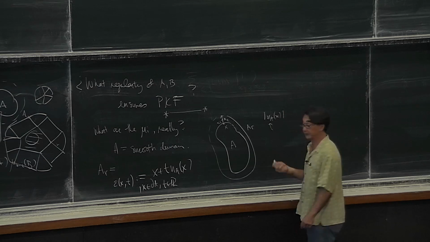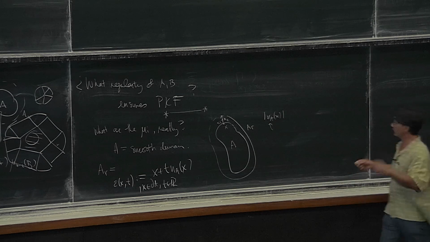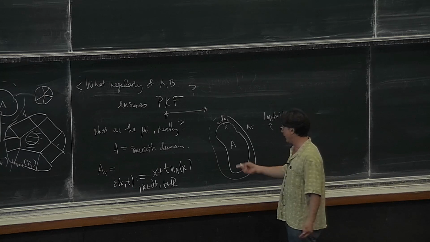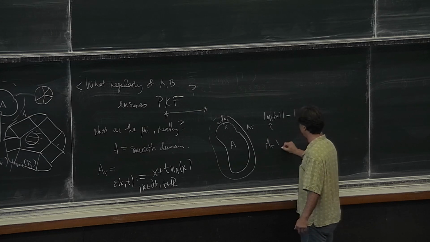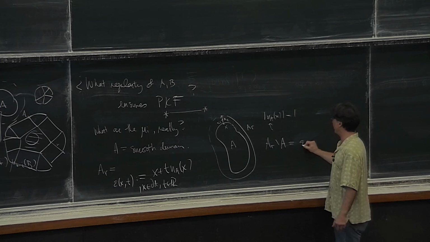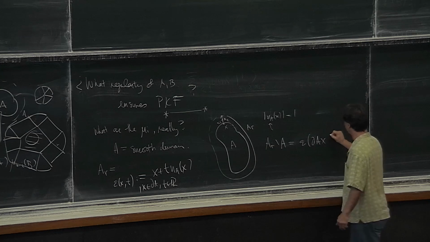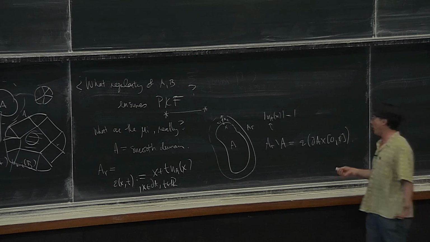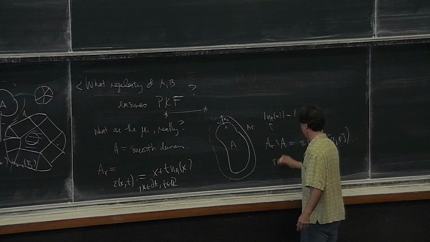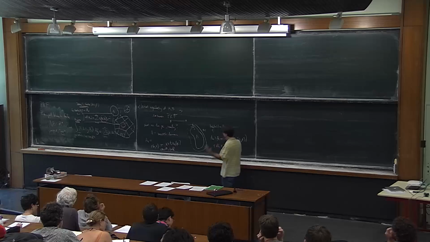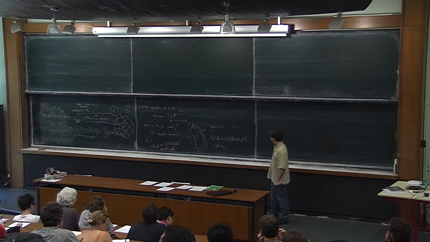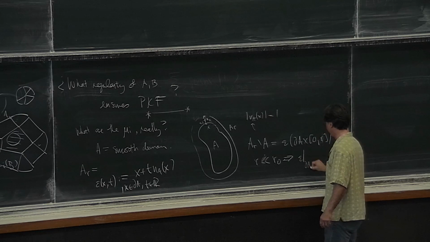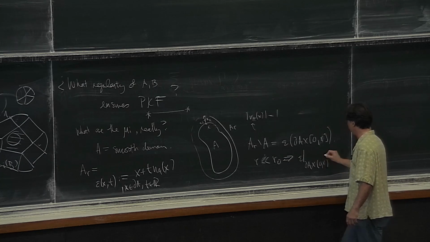So in other words, N_A is the Gauss map of the boundary of A. So then A sub r, at least the part of A sub r that's not in A, is just the image of the boundary of A across, say, this interval here. And if r is small, say some number, let's not worry too much about what the number is, then this epsilon, restricted to the boundary of A crossed this interval, is a diffeomorphism.